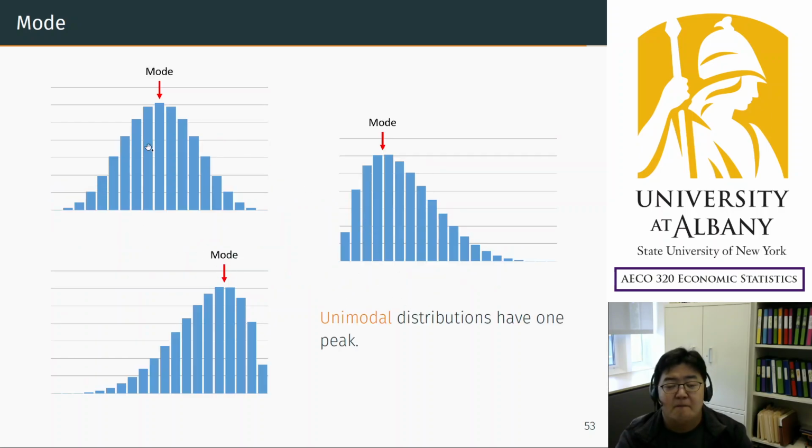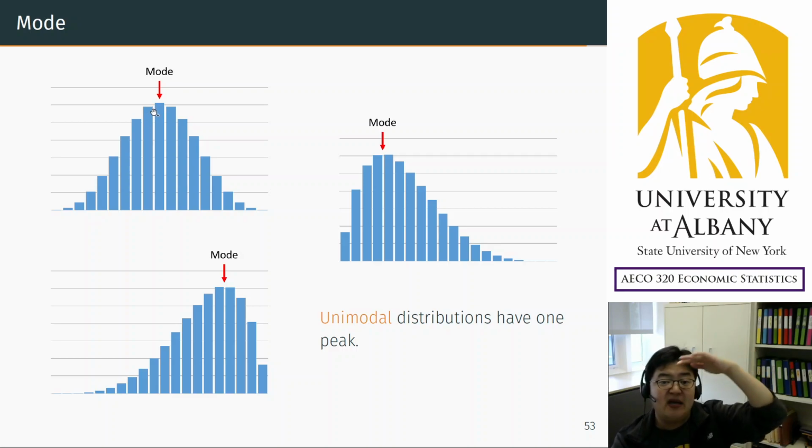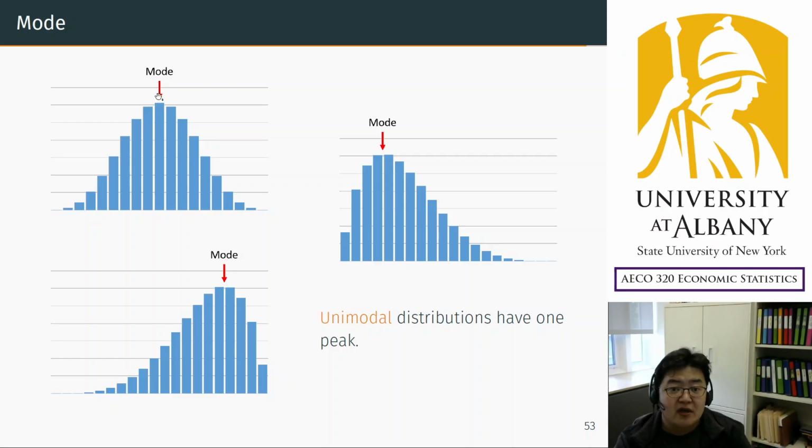Have a look at this. Mode is where the histogram is highest, the peak of the histogram. Here is the mode, here is the mode, here is the mode. Each of these three distributions has only one mode, only one peak, so we call that unimodal.